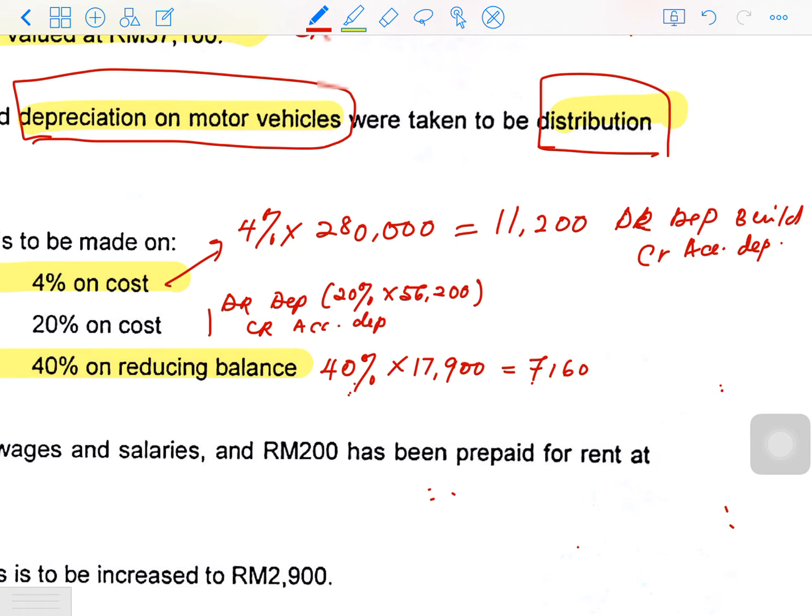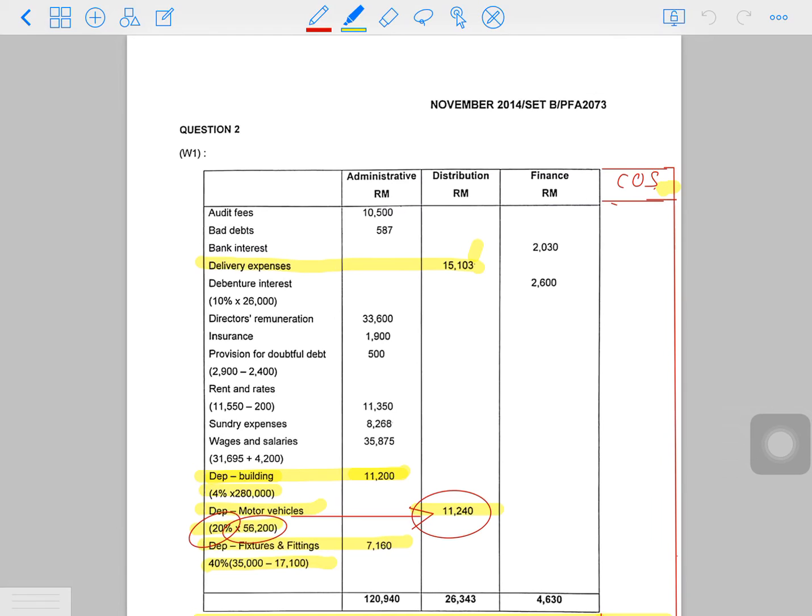So for accumulated depreciation of furniture and fittings, we have to calculate. What is the accumulated depreciation? We have to look at the cost, 35,000. That means 35,000 minus 17,900, which is 17,100.